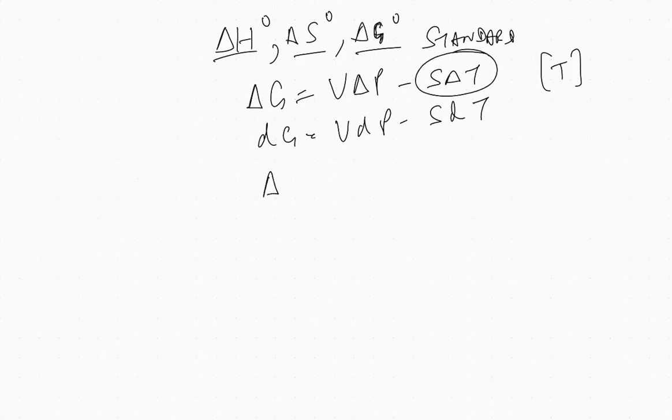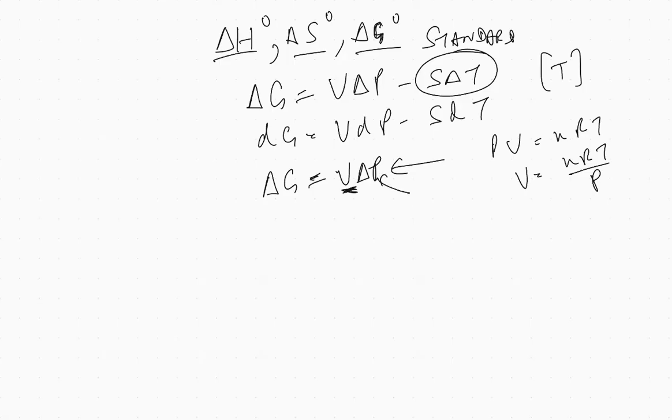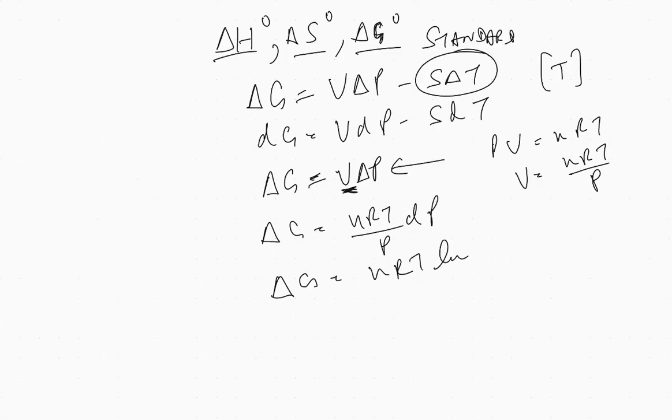If it is a gas reaction, from PV equals nRT we can write V as nRT over P. Replacing V here, we get dG equals nRT dP over P, and when you integrate, you get delta G equals nRT ln of final over initial pressure. What does this delta G mean?